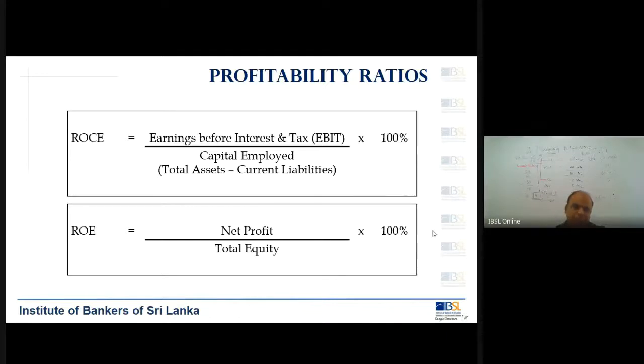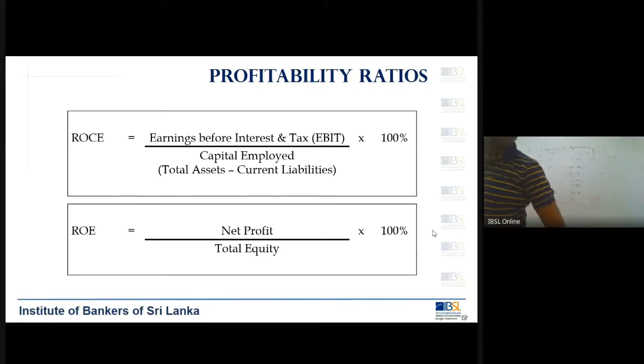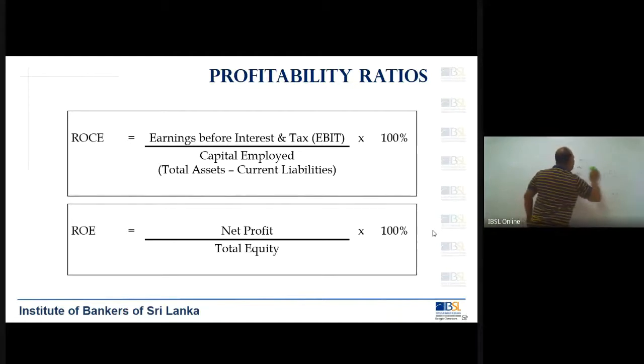Then when it comes to the return on capital employed, here again you have an important term, which is known as the earnings before interest and tax. We normally call this EBIT. EBIT has a meaning, so we need to know what EBIT is and how we calculate it.